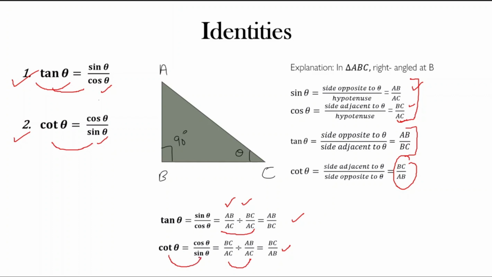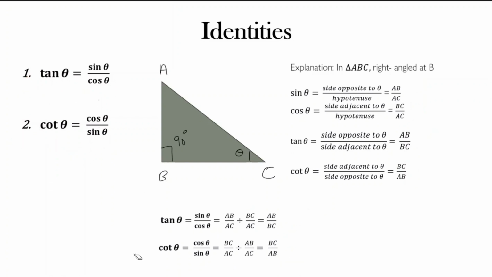Similarly, you got tan theta as AB over BC, which is also the value if you solve it directly. So this formula is also correct. We can use these formulas directly to figure out tan theta and cot theta if we know the values of sin theta and cos theta. I hope it's clear.